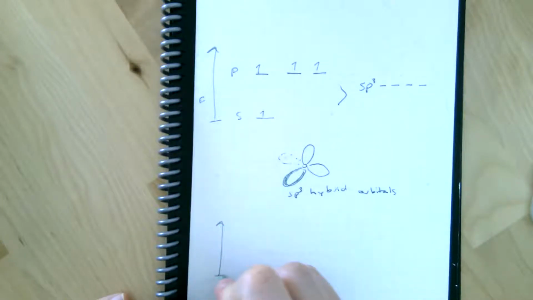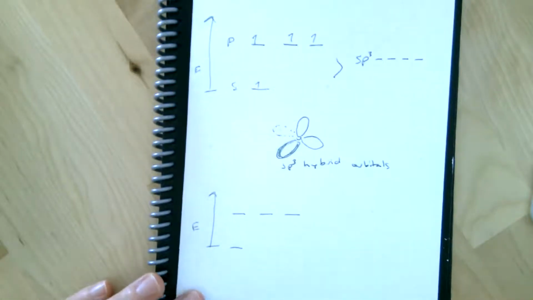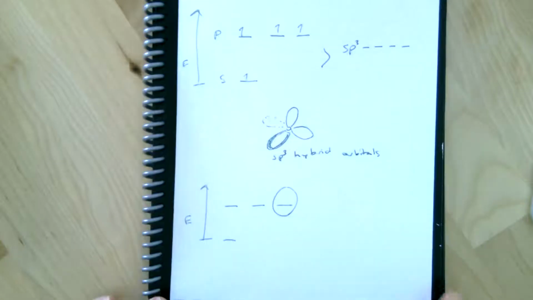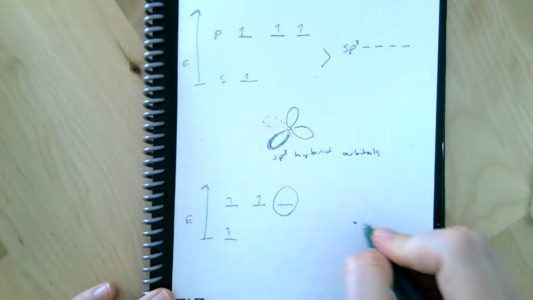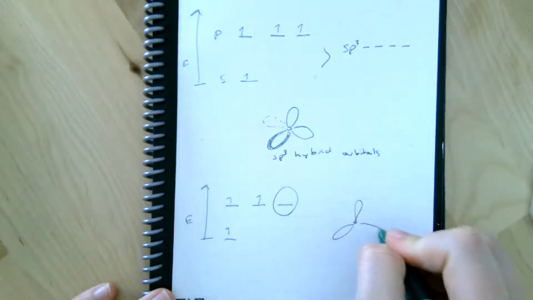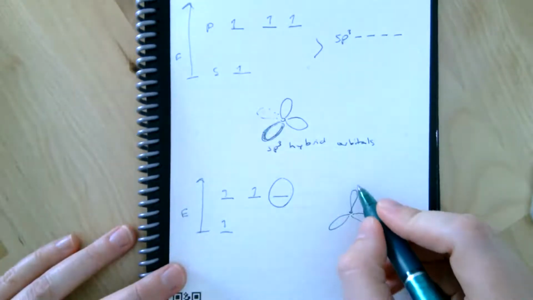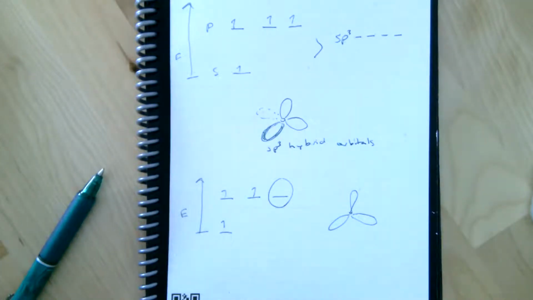If you have 3 sigma bonds, then carbon has 1 pi orbital that's being used in a double bond, and then you have 3 sigma orbitals that are filled in, and those become just planar 3 sigma orbitals. Hang on just a second.